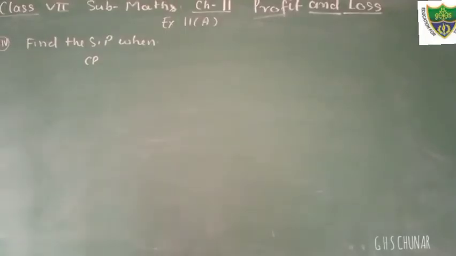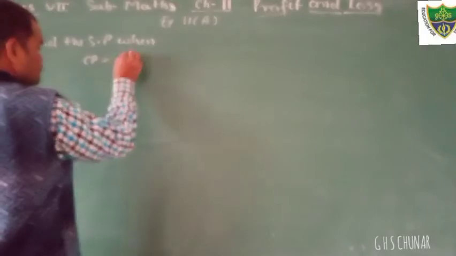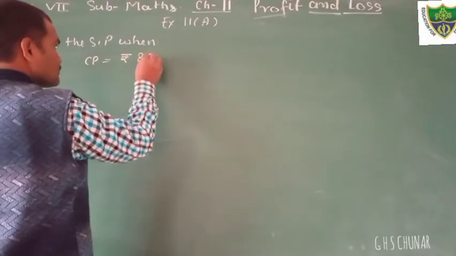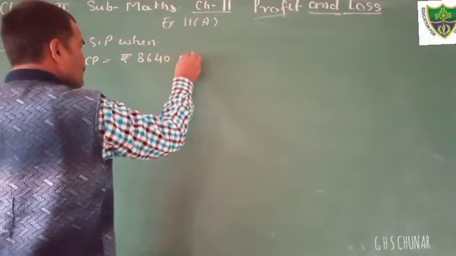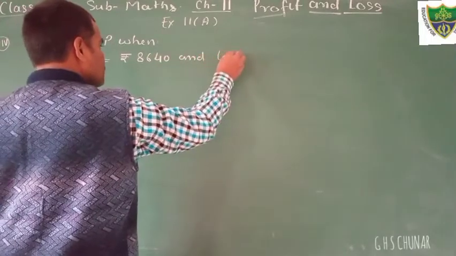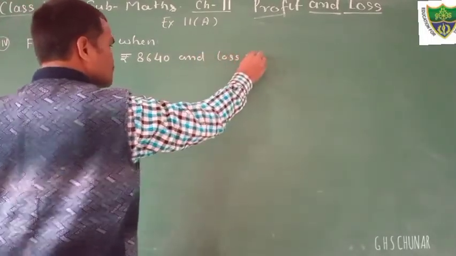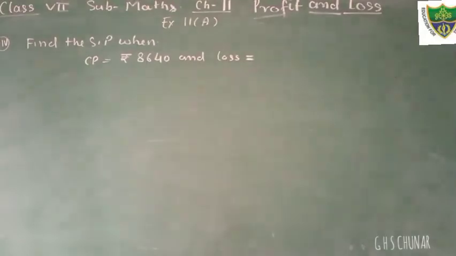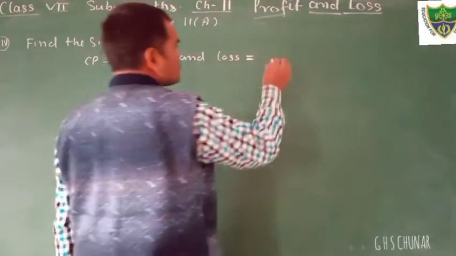Here CP is equal to rupees 8640 and loss is equal to 12 whole 1 upon 2 percent.